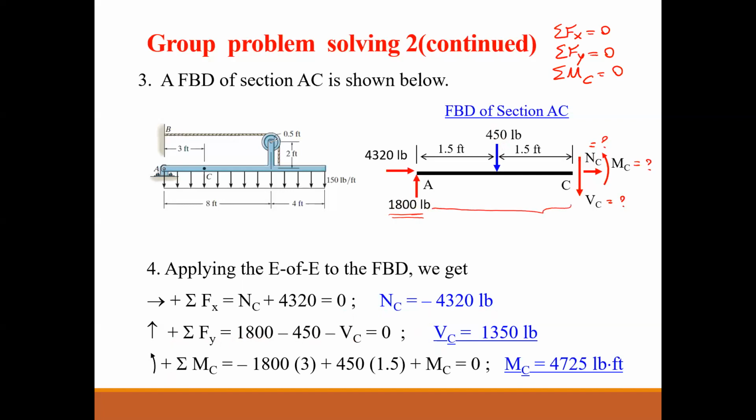What is the distance? 1.5 plus 1.5 is 3. What is the direction of the moment about C? It's this way, so it's clockwise. That's why it's negative. 450 multiplied by the distance, which is 1.5. What's the direction of the moment? It creates the moment this way, which is counterclockwise, and it's positive.